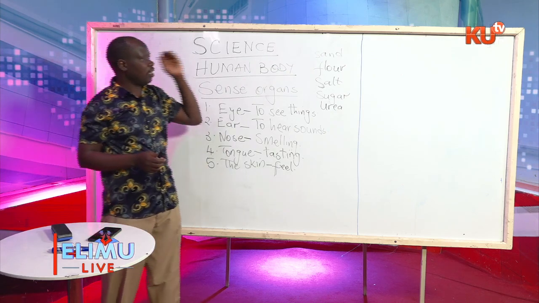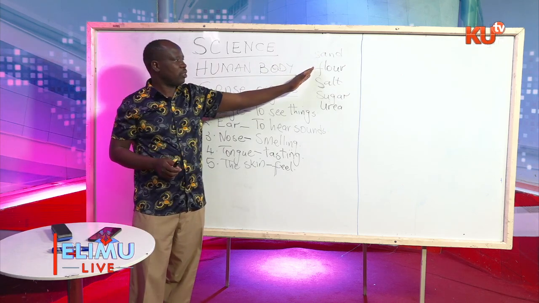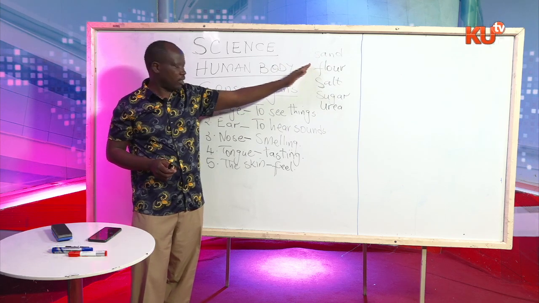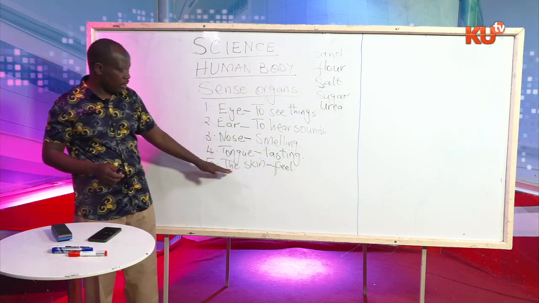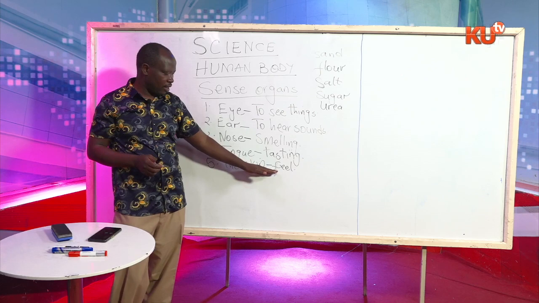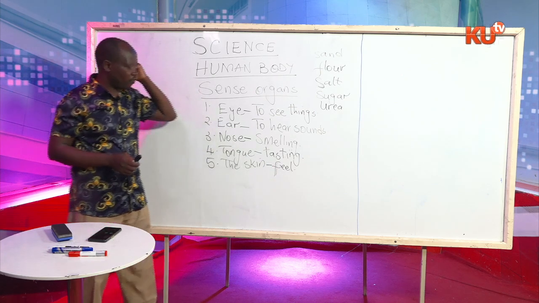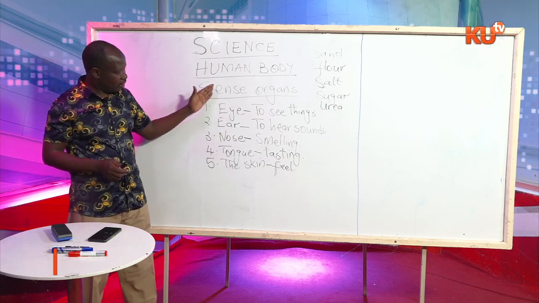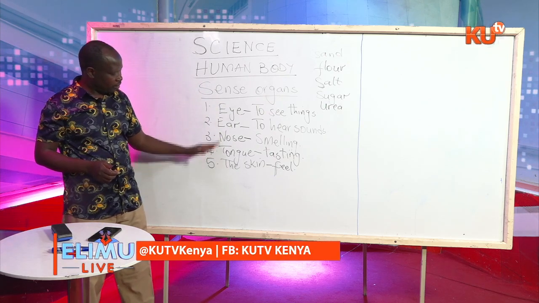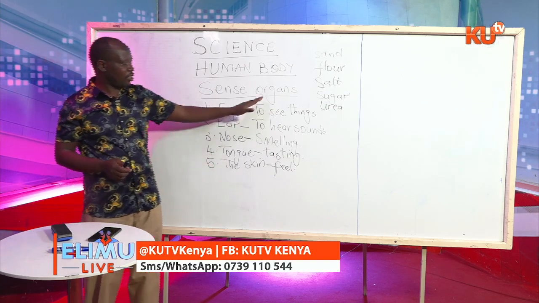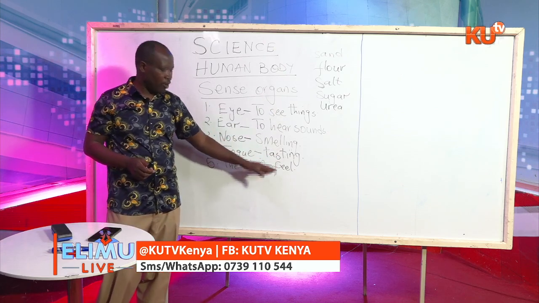Through the skin on your hand, you will know the roughness or softness. When water is poured on you, whether warm or cold, you will feel and know the temperature of the water. So these are our 5 sense organs and the functions of each of them.